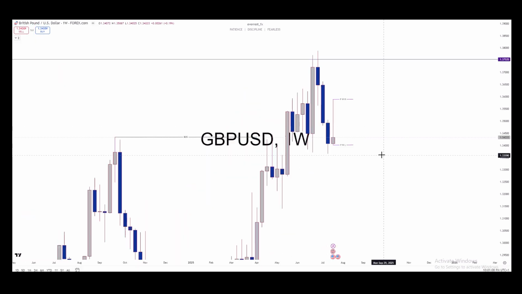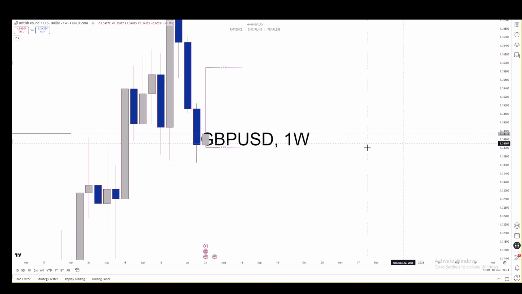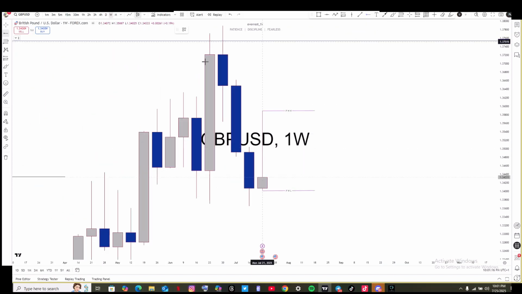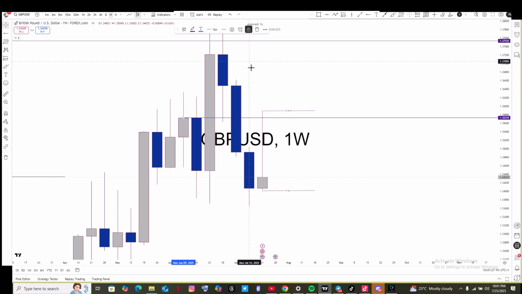So now the current price, where is it reacting to? The current price is reacting to this key level here. We have a key level here. You can see that price came down and reacted to it, and then broke it to the downside, and this week came back to react from it.